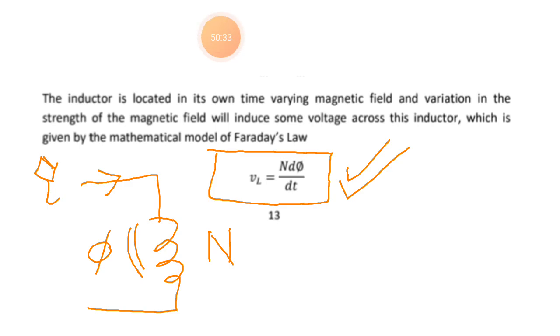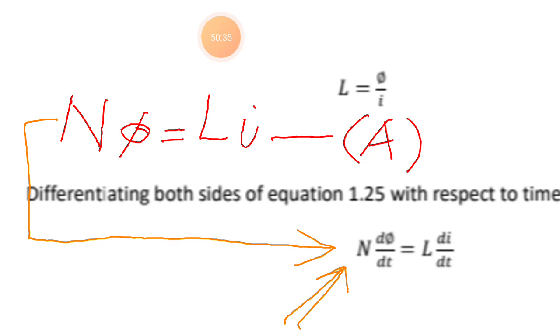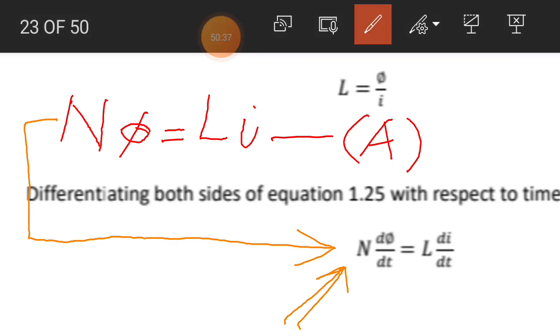So we replace the left hand side of this particular equation by VL in accordance with Faraday's law. Faraday's law states that whenever we place a coil of N number of turns in a time varying magnetic field, voltage is induced across the coil.